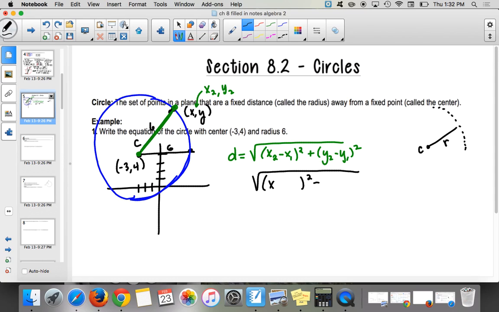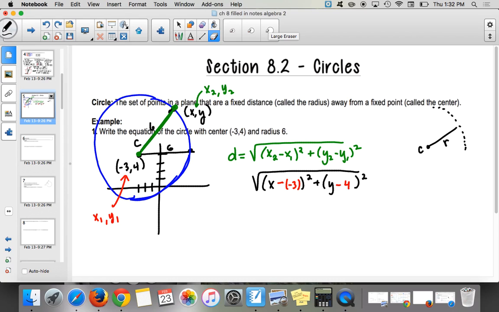And then I'm going to replace my x1, y1 with the -3, 4. So I'm going to have x minus a -3, and y minus 4 like that. And that's going to equal my distance.